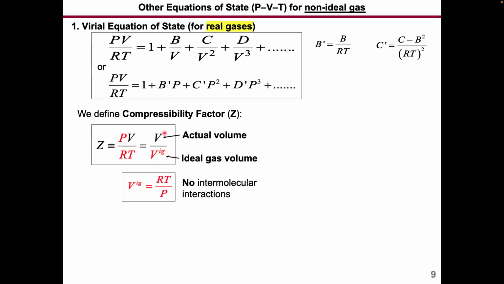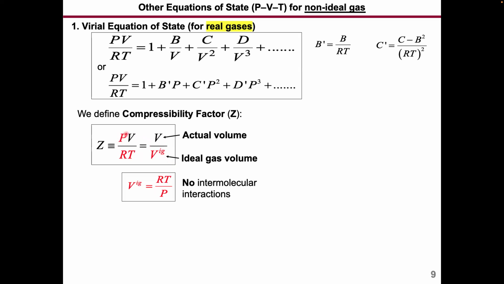The ideal gas volume we already know how to calculate: V is equal to RT divided by P, okay? So we divide the actual volume by the ideal gas volume, plug in RT divided by P, and P goes on top.